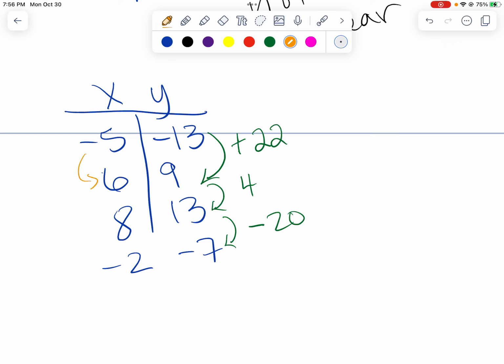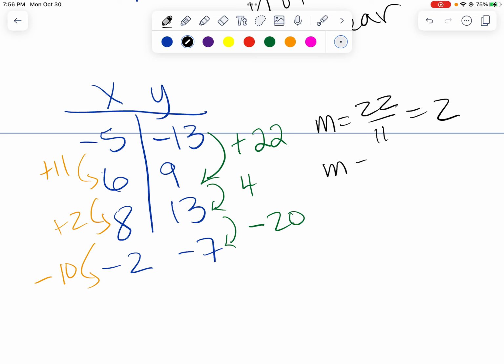And then from here to here, I went up 11, up 2, down 8, 9, 10. So now let's look at the slopes. I have 22 over 11, which is 2. I have 4 over 2, which is 2. And I have -20 over -10, which is 2. Okay, so this is linear.